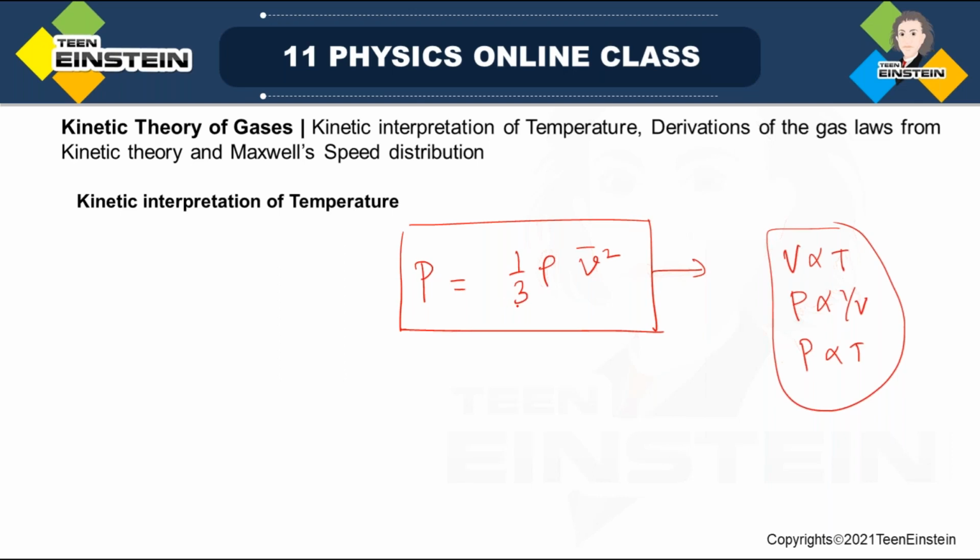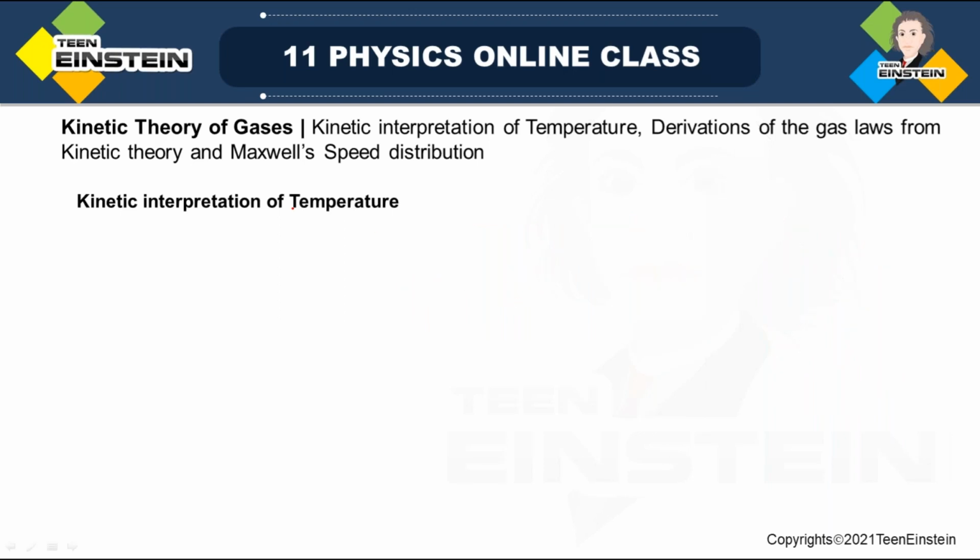So first of all, let us try to understand or interpret the temperature in terms of kinetic theory. Actually you have already learned from thermodynamics that internal energy is directly proportional to temperature.